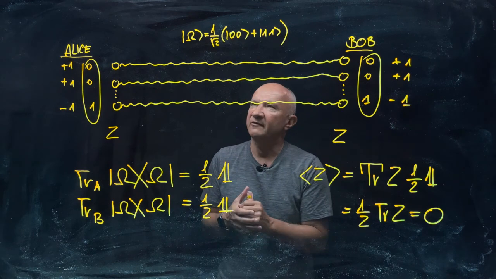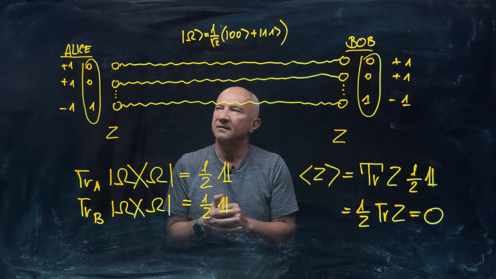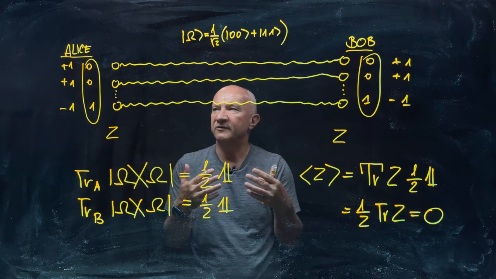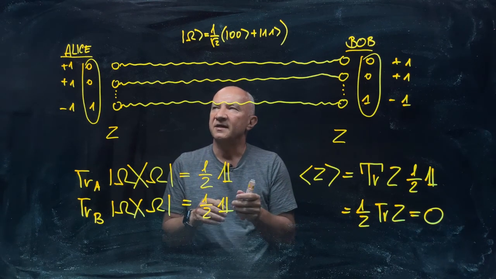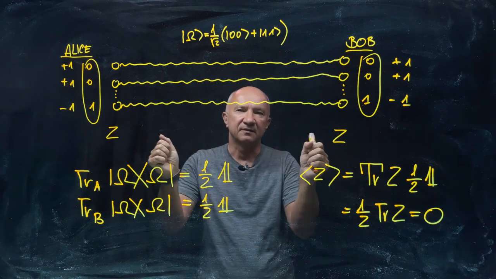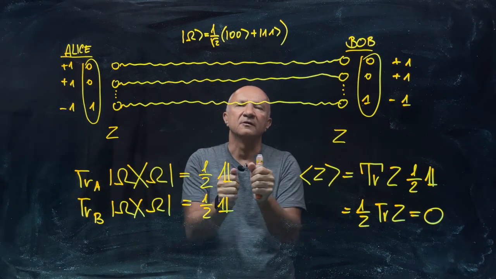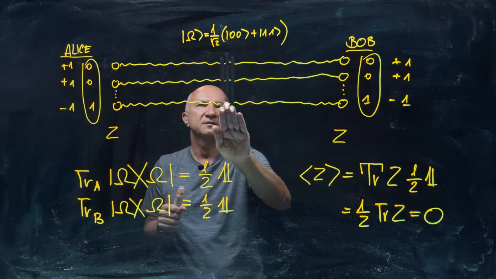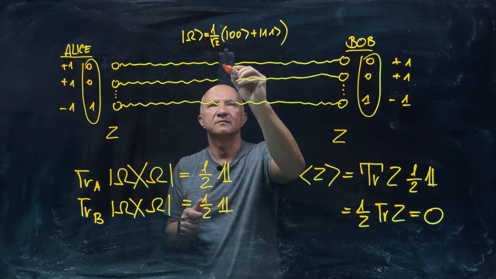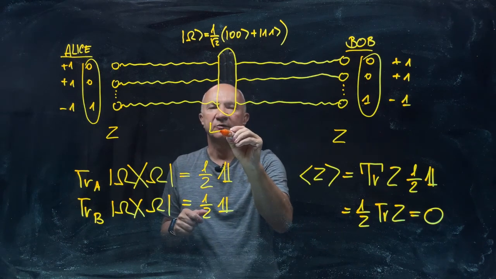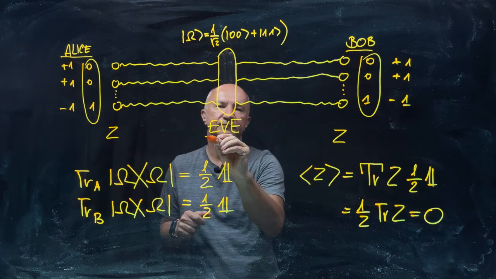The problem with this scheme is that it is not secure. You can easily imagine a situation where an adversary, an eavesdropper, essentially gives Alice and Bob either state 0,0 or state 1,1 with equal probability. Just imagine that somewhere here, instead of entanglement, you have your eavesdropper, whom we call Eve, of course.